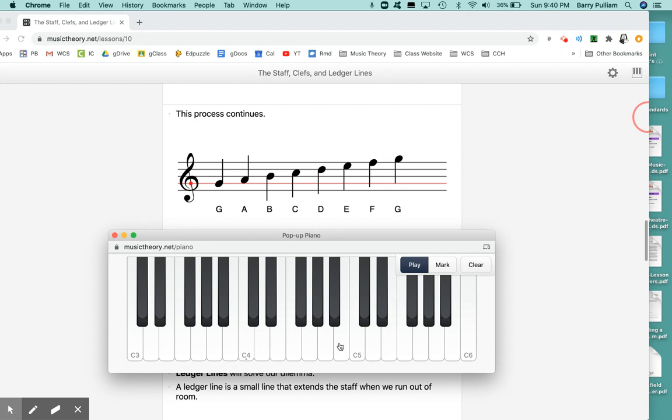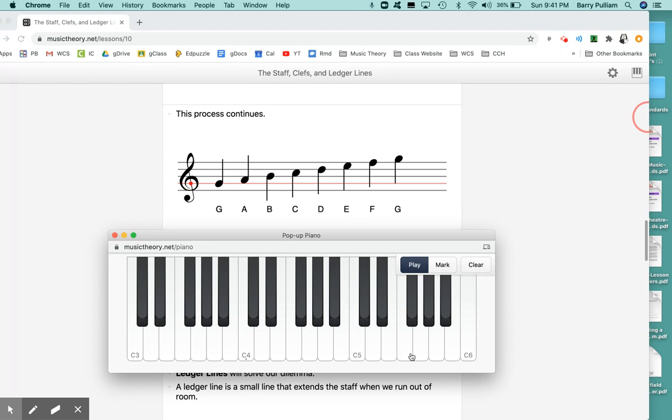A, B. Let's start over. G, A, B, C, D, E, F, G. I hesitated because it doesn't sound quite right, does it?